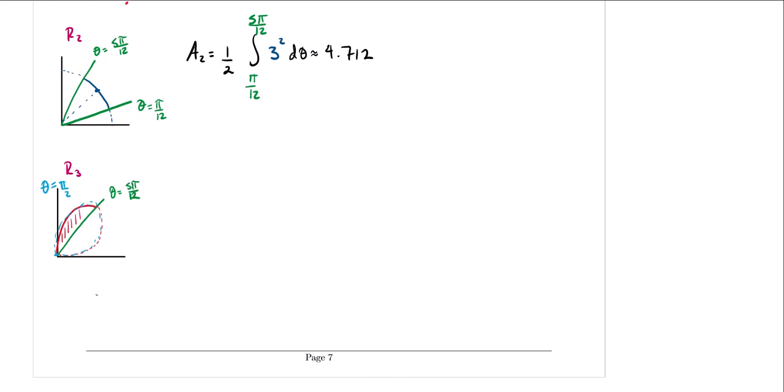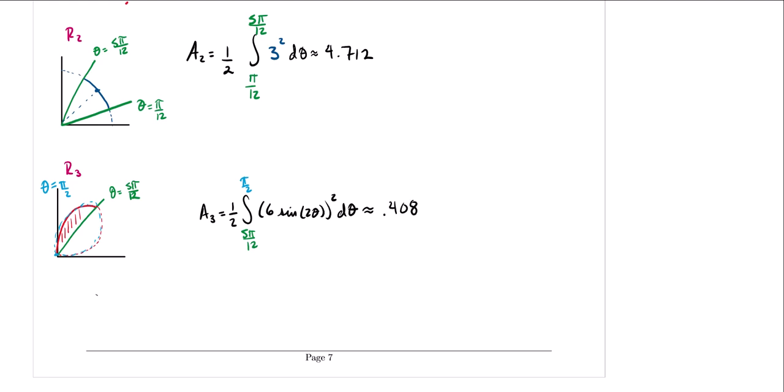So to set up our integral, the area for region 3 is the integral from 5 pi over 12 to pi over 2 of 1/2 times our r, being given by the equation for the rose, which was 6 sine of 2 theta, squared, d theta, which was approximately also 0.408.